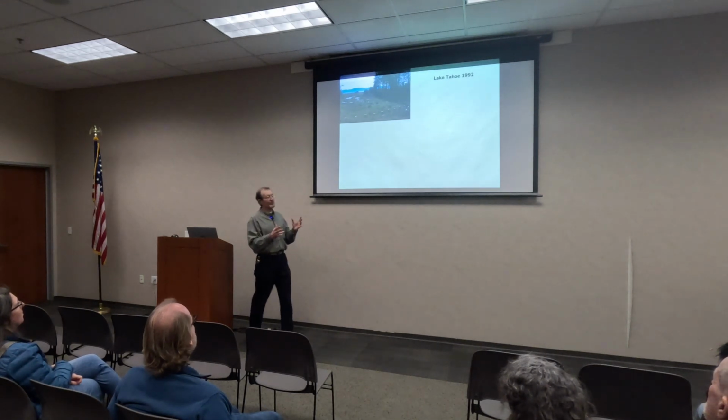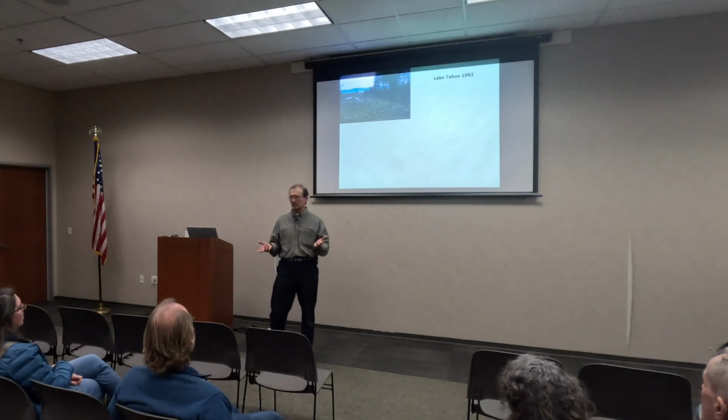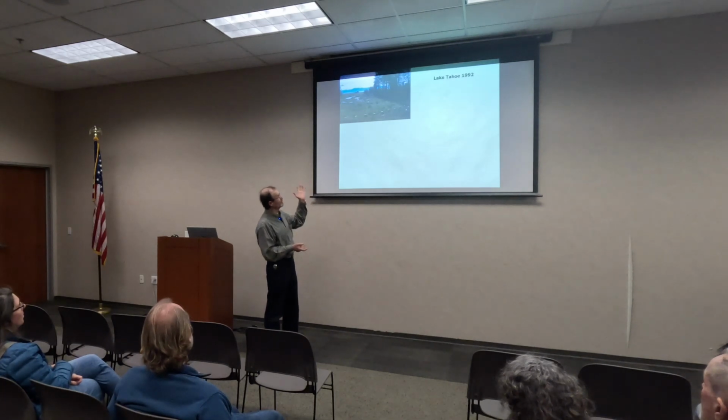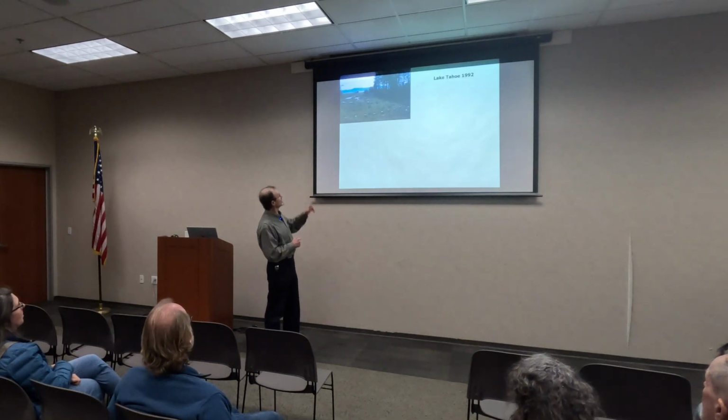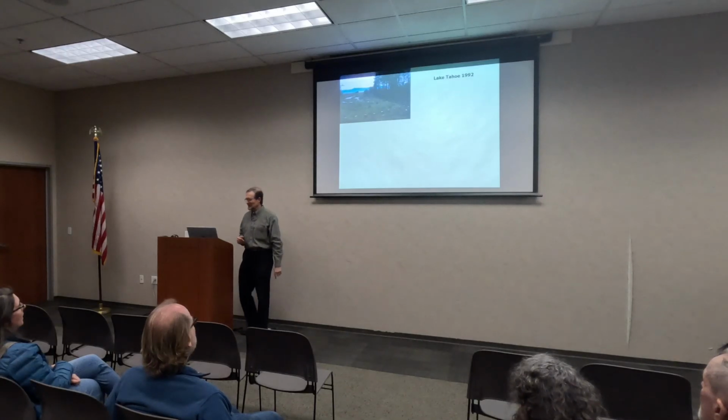The big thing in California, though, that everybody associates bark beetles with is drought, right? So this is Lake Tahoe during drought. This is actually the Truckee River that flows into Lake Tahoe, totally dry, 1992.